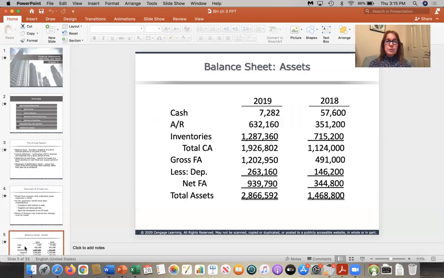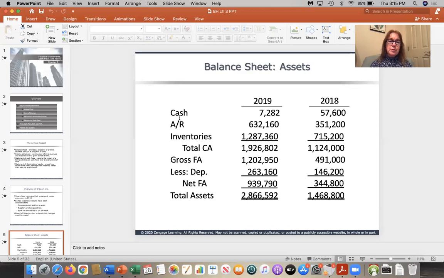Okay, so let's take a look at their balance sheet. So remember, on a balance sheet, we have current assets, fixed assets, and then that brings us to our total assets. So their cash is money that a company has in a checking account. That's the cash that they're going to need for the next year. So it's short-term needs for that.